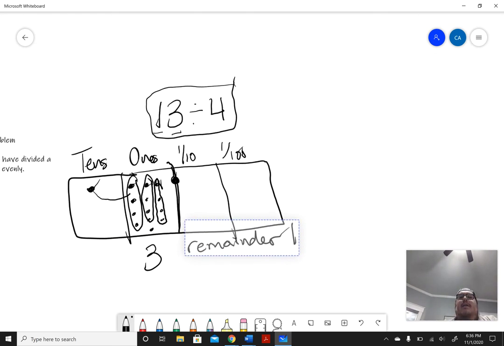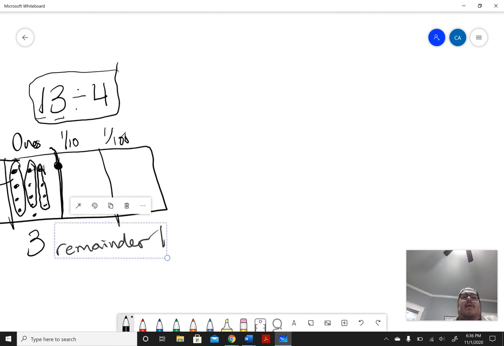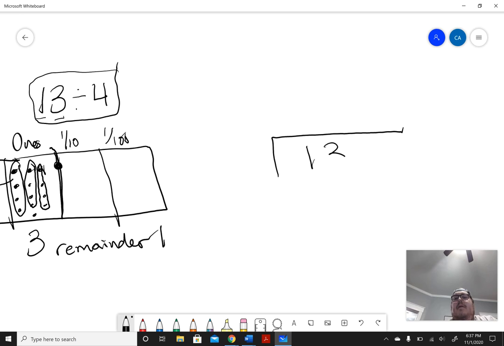Now, let's look at that in standard algorithm. Okay, remember Mr. Austin said standard algorithm basically just looks like the corner of a place value chart, right? We're doing the same thing. Can I divide 1 into 4 parts? Nope. So I got to look at it as 13, which is the same thing as saying 10 plus 3, right?